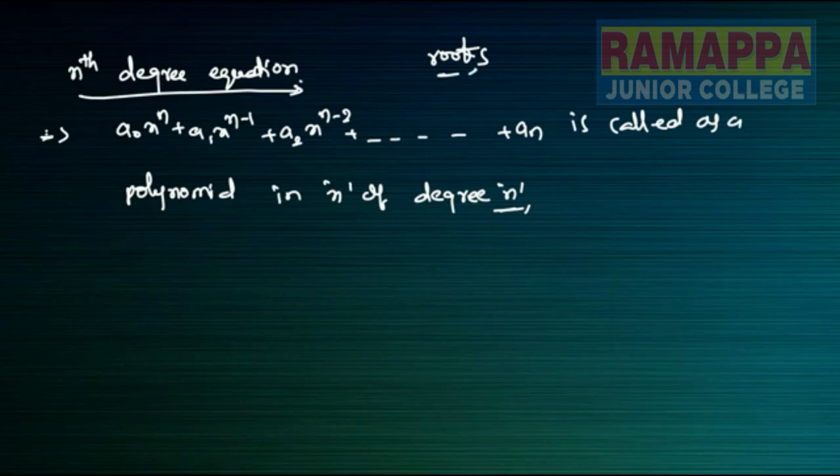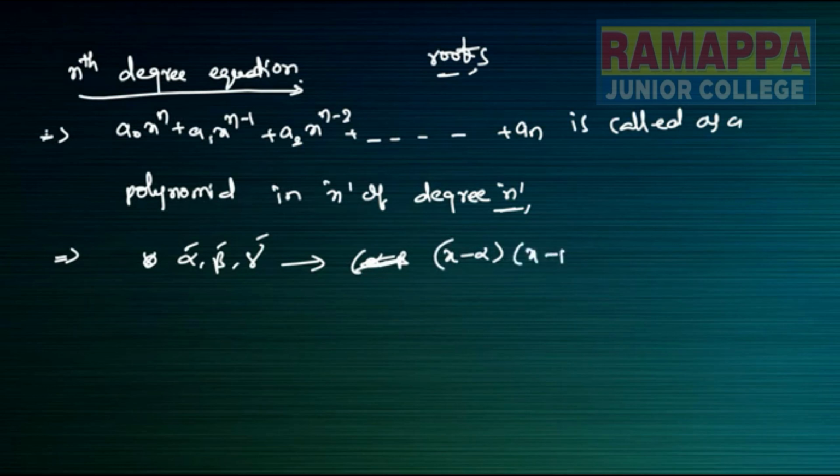Now, if we know the roots alpha, beta, gamma, then the equation will become x minus alpha into x minus beta into x minus gamma. This is the important equation when we have three roots.